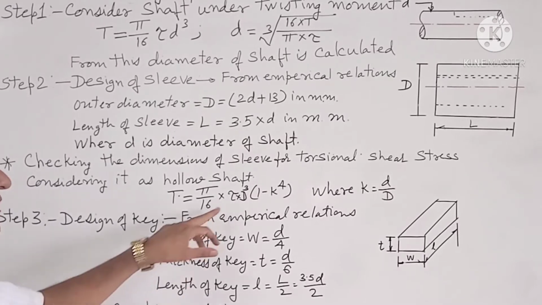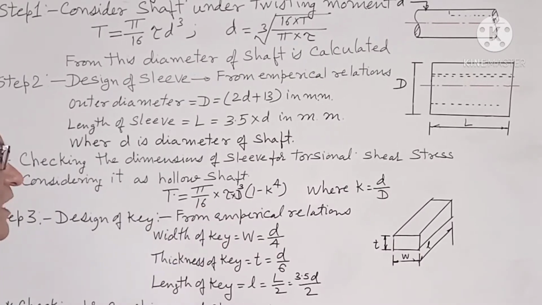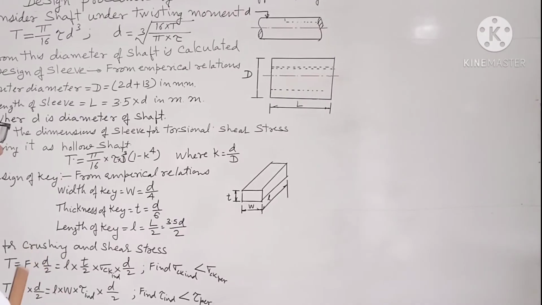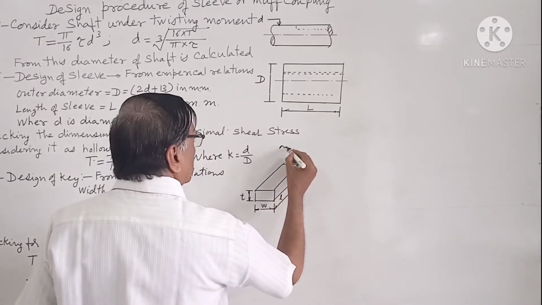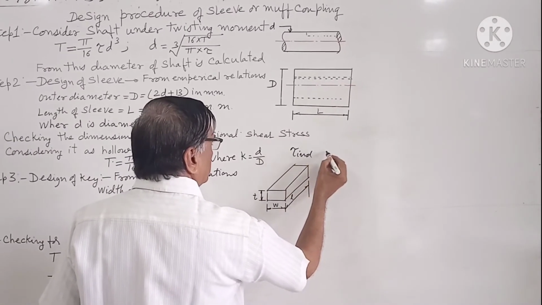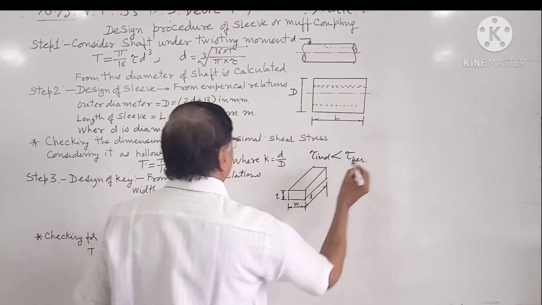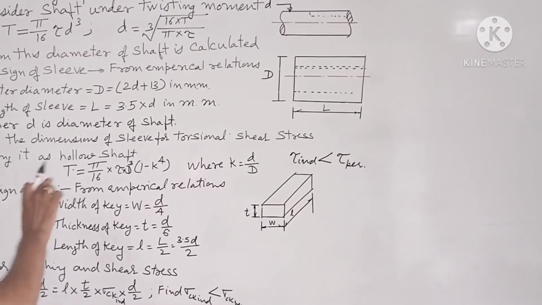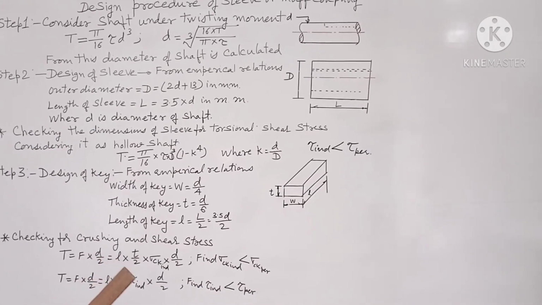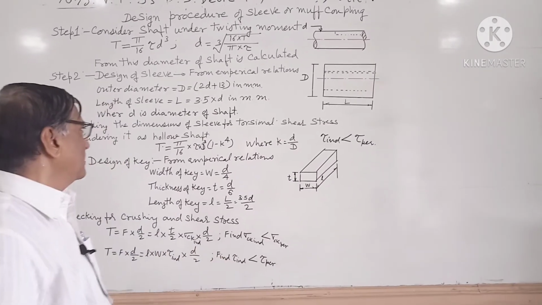From this we will calculate the tau induced, and tau induced must be less than tau permissible. Then the design is safe. Then the dimensions of the sleeve are safe.